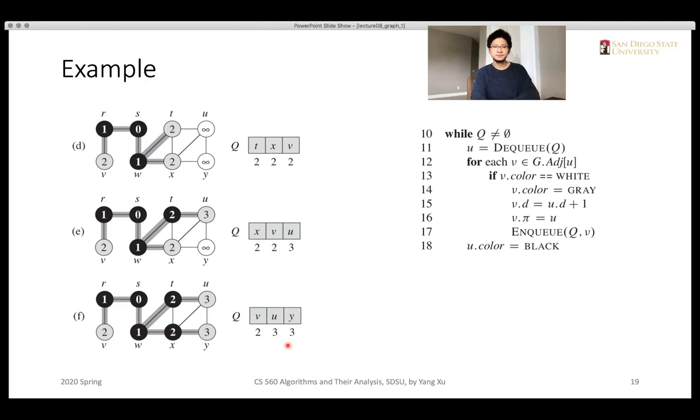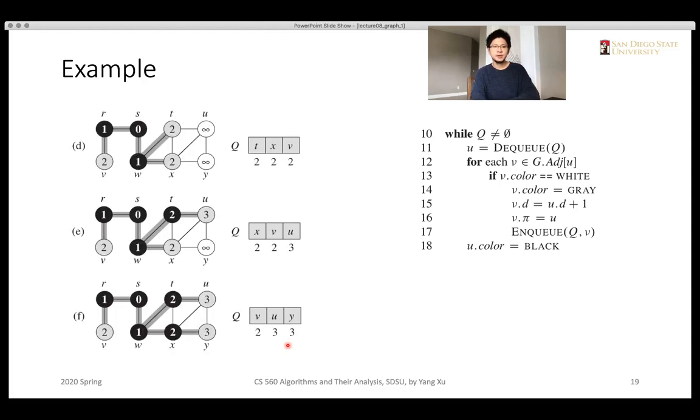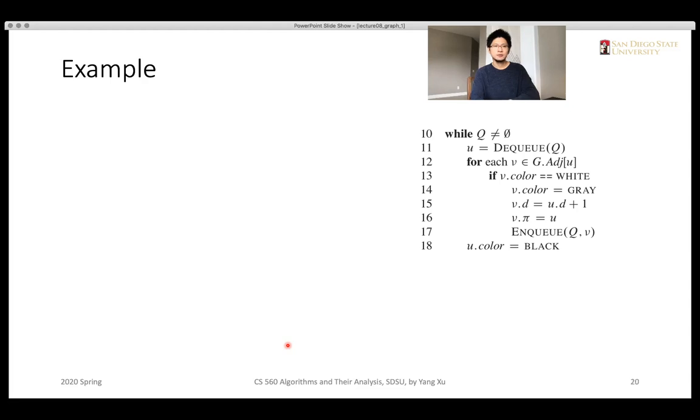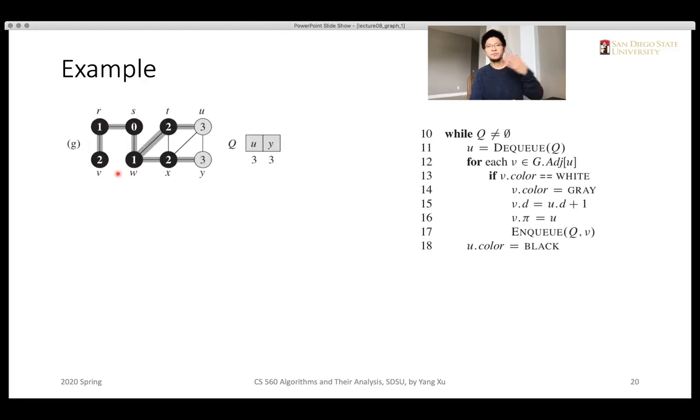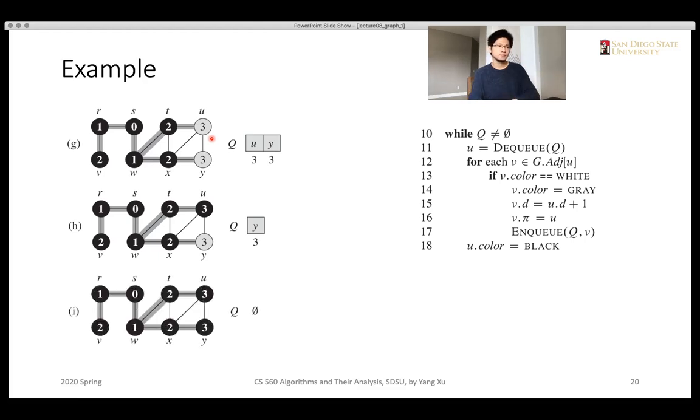And finally, when V, U and Y are in the queue, V is dequeued and immediately painted black because there's no undiscovered adjacent vertex of V. After U is dequeued, it's instantly painted black, and Y is also instantly painted black. Okay?